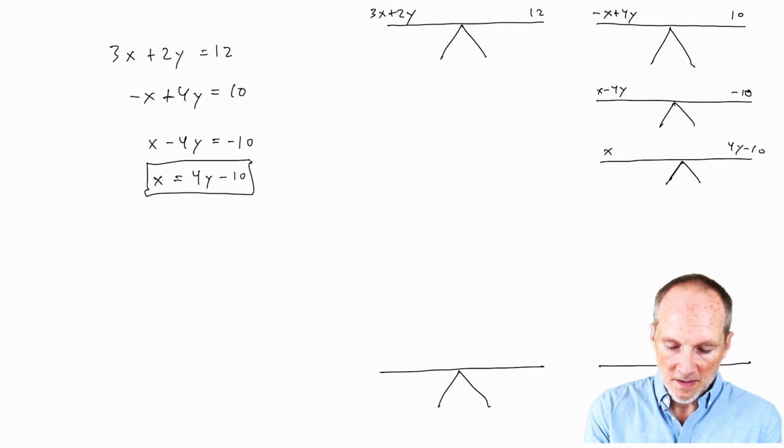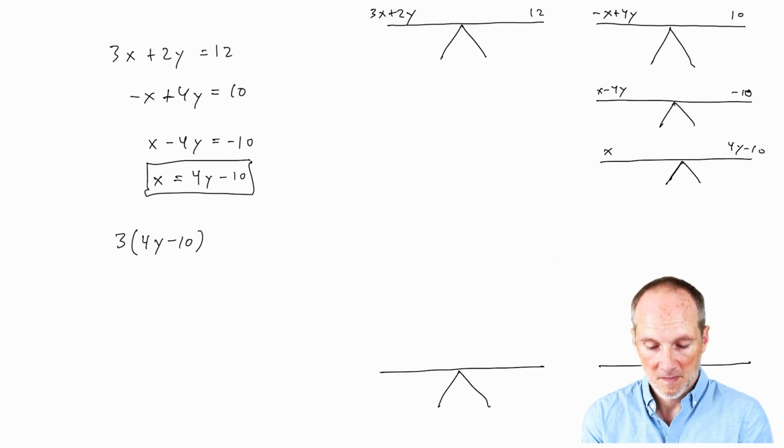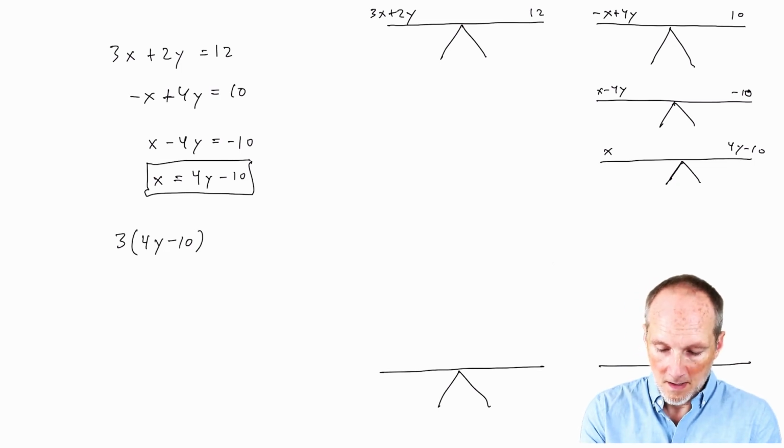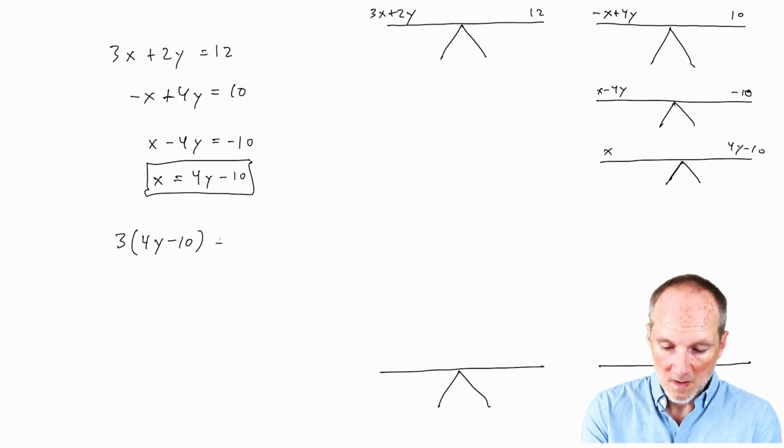The first equation is 3 times x, but we've just shown that x is the same thing as 4y minus 10, so we can write that in instead. According to the first equation, 3x plus 2y is equal to 12.